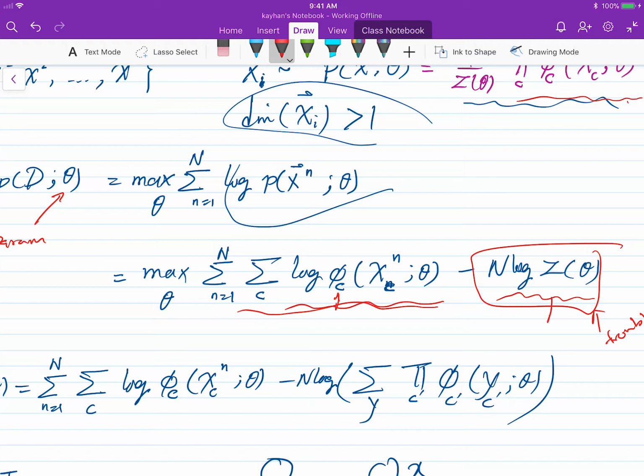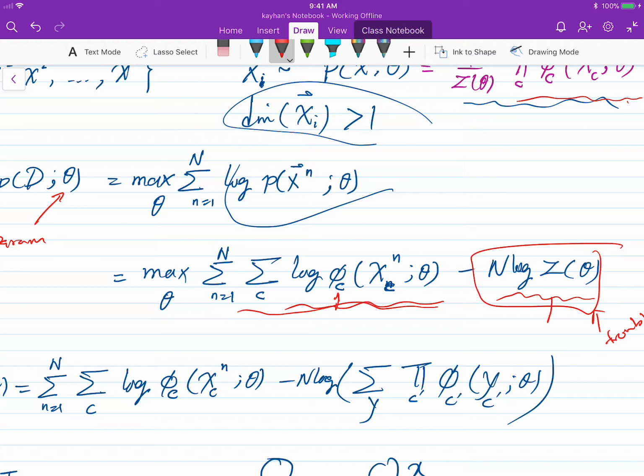So let's expand this Z. Remember that our Z is our normalizer. To compute this Z, I have to sum over all of the states in my UGM of the unnormalized clique multiplication.